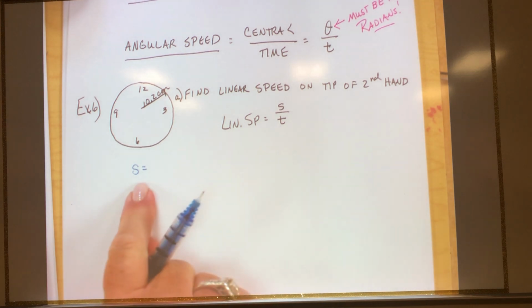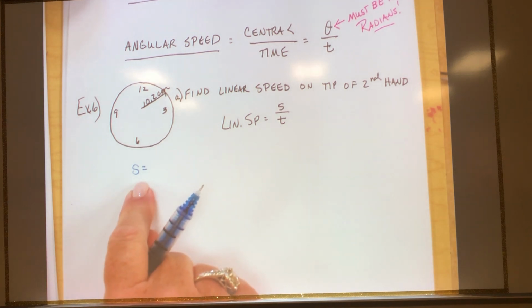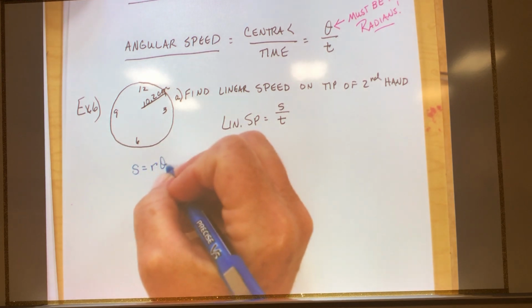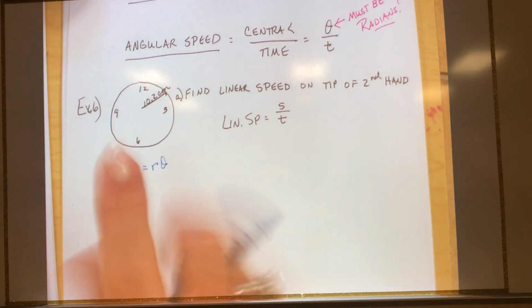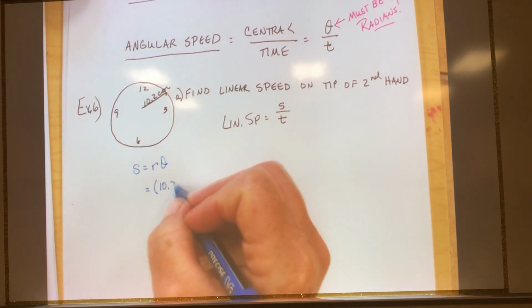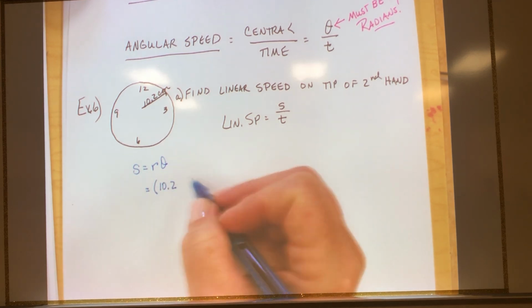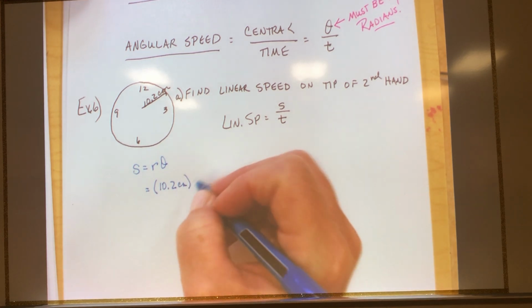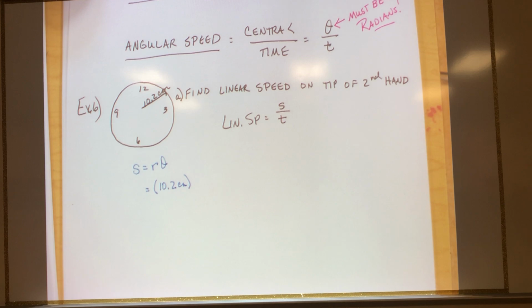What's the formula for arc length? R times theta. Okay, so what is R? 10.2, and it is centimeters, okay?